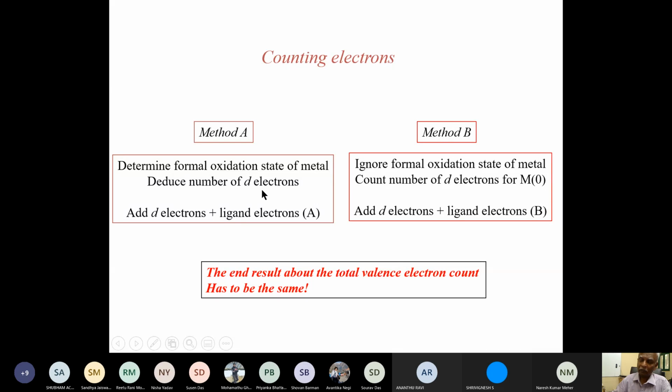So you just use the electronegativity in order to count the ligand as an anion or a radical. Whereas the neutral method just ignores the formal oxidation state. So you just do not think about whether it's fluoride or carbon or hydrogen, it doesn't matter. You just assume that everything is neutral. That's why they call it the covalent bond classification. But the end result should be the same, whichever way you count electrons.